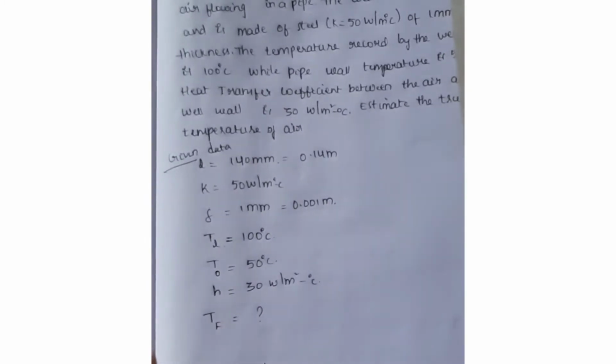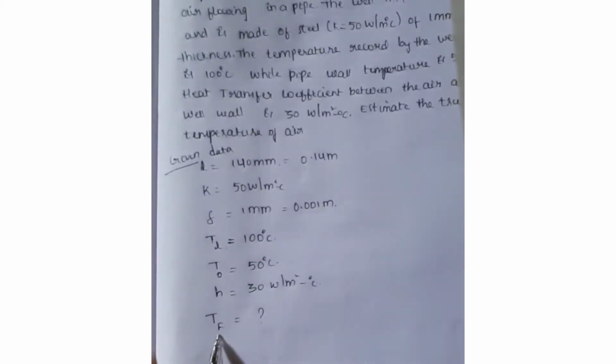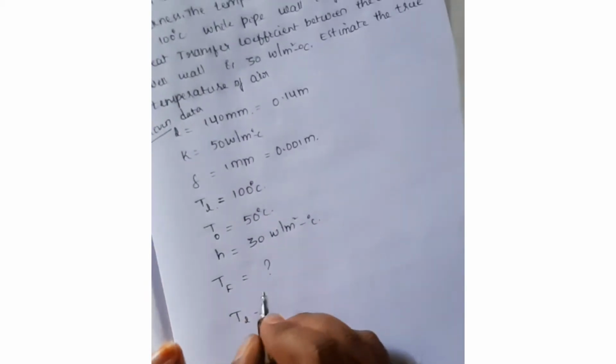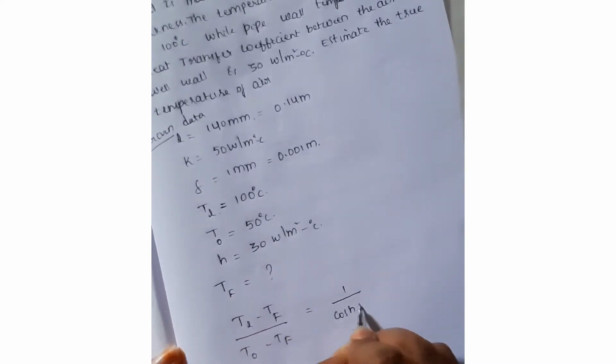Now we have to find out the fluid temperature, the fluid air temperature. The value of fluid temperature is found from the relation (TL minus TF) by (T naught minus TF) equal to 1 by cos h ml.